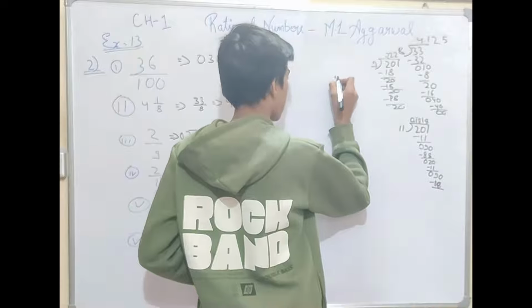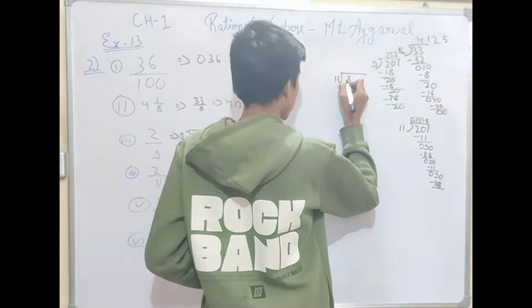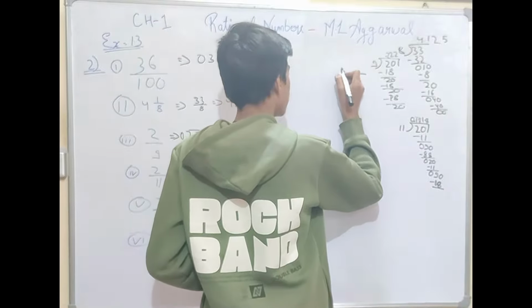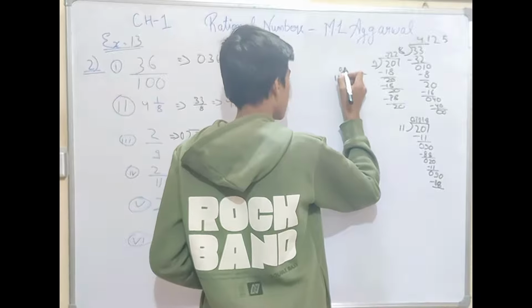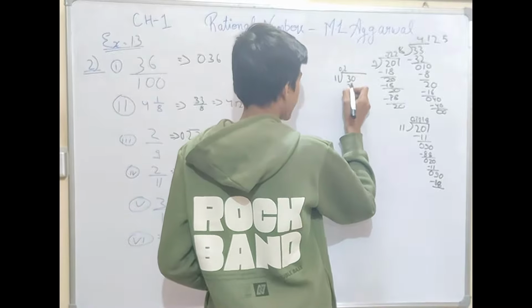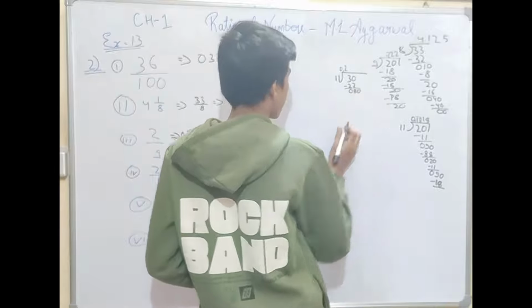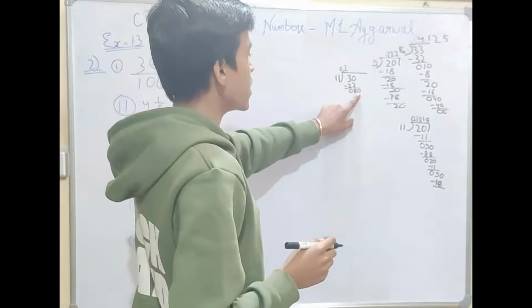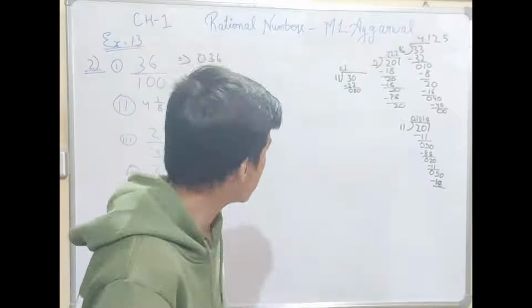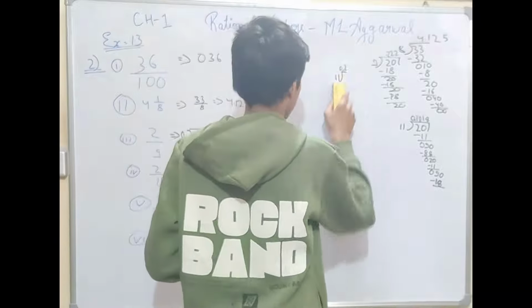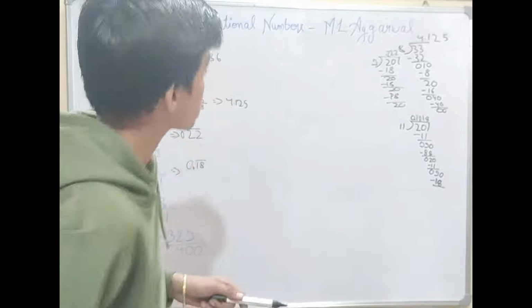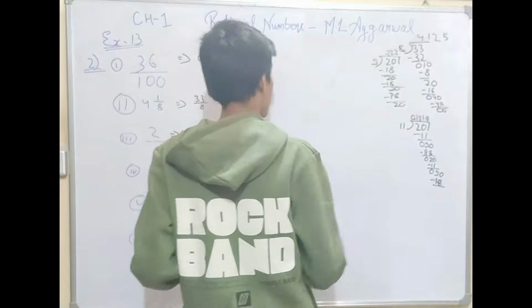Okay, we will put our decimal, 30. 11 2s are 22, 8, so 80. Because of decimal it will become 80. 3 upon 11.